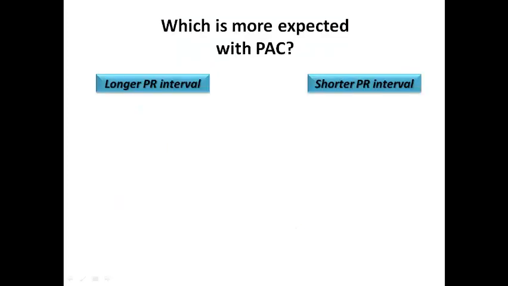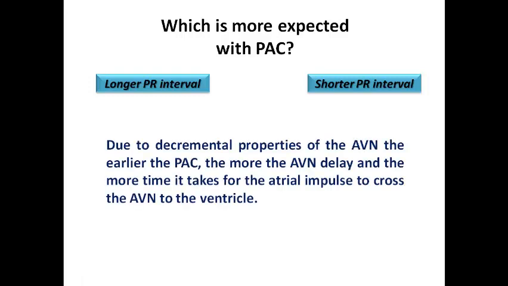Let's now expect which is more expected with a PAC. Do we expect to have a longer PR interval with a PAC or a shorter PR interval? Of course, we know that there is something called decremental properties of the AV node, which is a physiological phenomenon present in the AV node, that the higher the heart rate to which the AV node is subjected, the more it would not conduct the whole impulse from the atrium to the ventricle, and the shorter the coupling interval to which the AV node is subjected, the more delay there would be in the AV node.